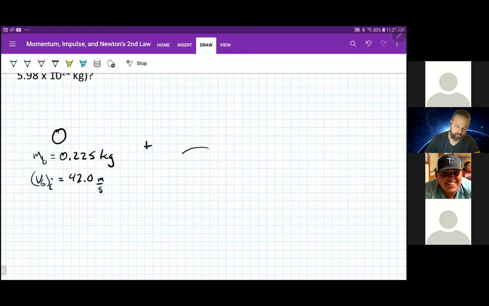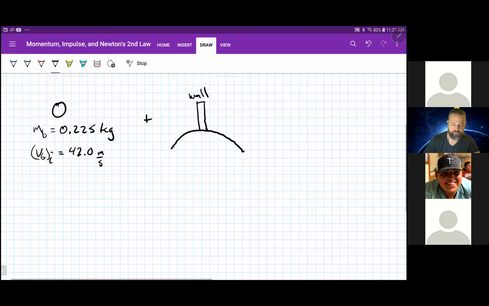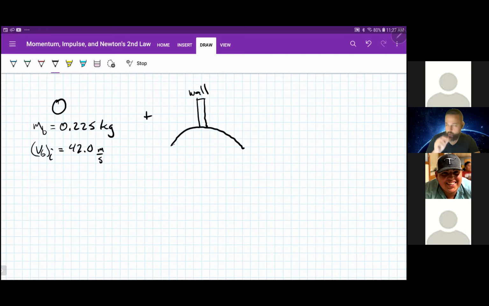And here's the Earth, and we're going to assume that the wall is a part of the Earth. I'm exaggerating the drawing here. So this is the Earth, this is the wall, and the ball is going to hit that wall. So the velocity of the wall, we're going to assume that at that moment it's zero, zero relative to the Earth.